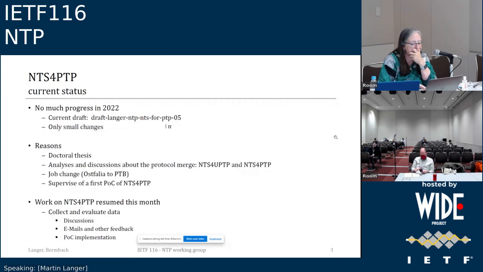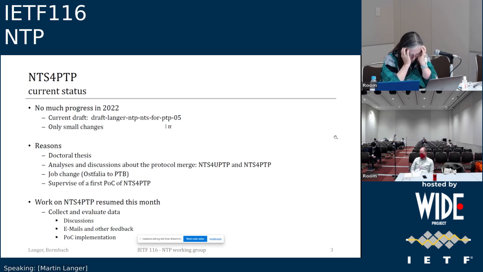As already said, not much has happened in the last year. The draft was updated, but there are not many changes. There were several reasons for this: I'm writing my doctoral thesis, there was discussion about the draft merge with NTS for UPTP, I had a job change, and I supervise a small proof of concept implementation of NTS for PTP.